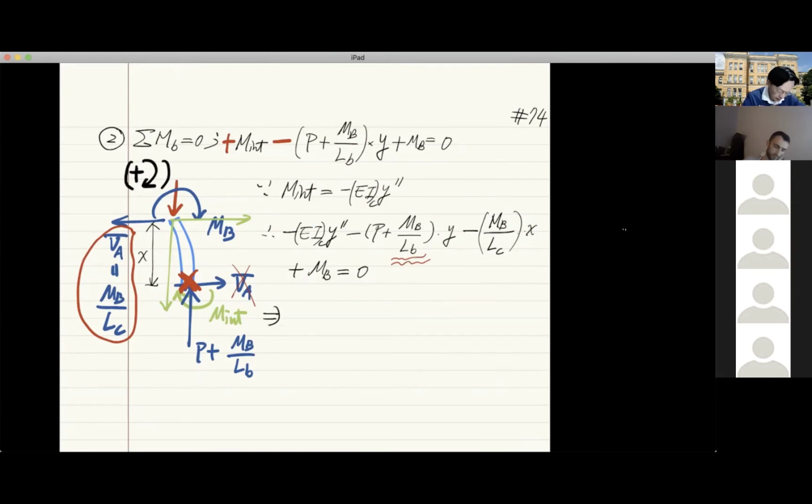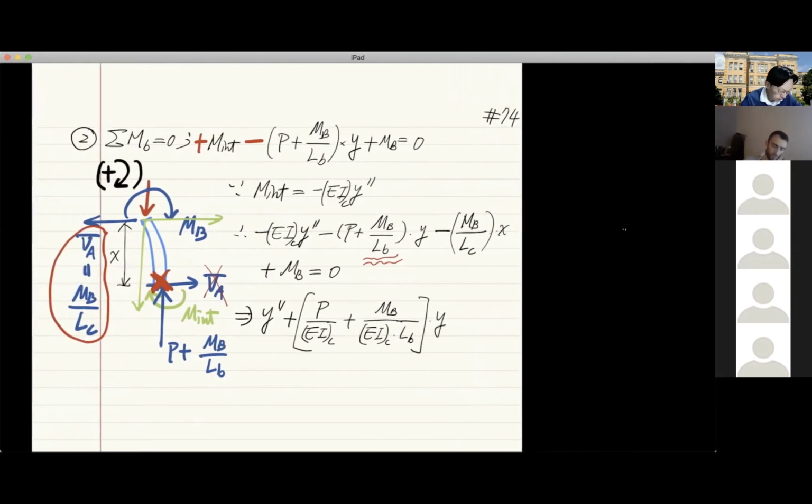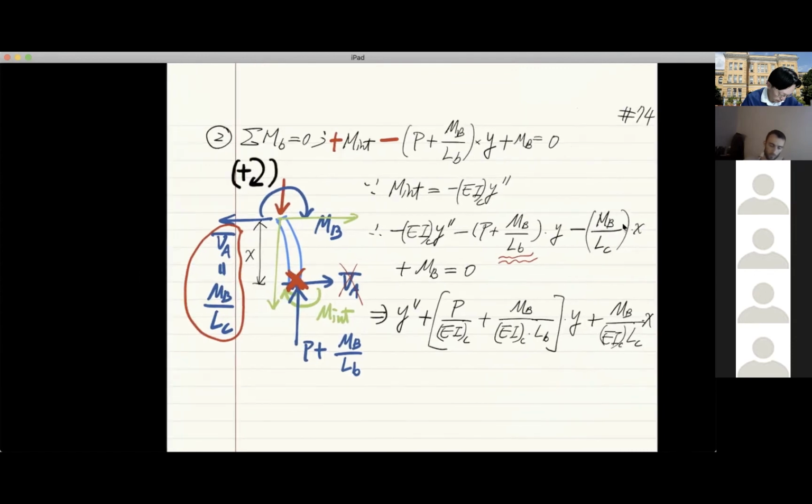If you divide everything by EIC, that will become y double prime plus P over EIC plus MB over EIC LB, this whole thing times y, plus MB over EIC over LC times X. And do we have everything?